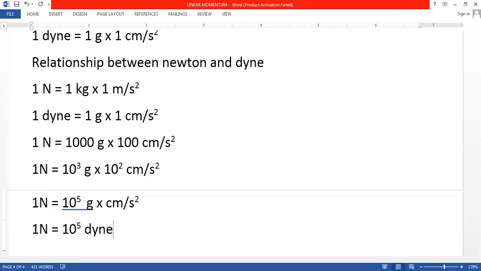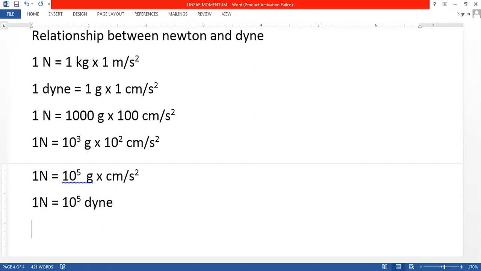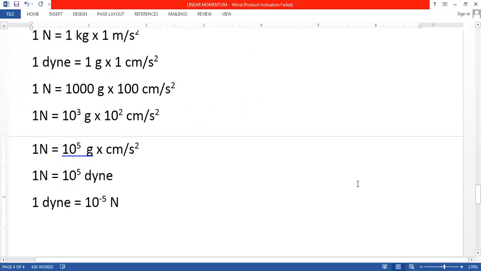1 Newton is equal to 10 raised to 5 dyne, and the reverse of it, 1 dyne is equal to 10 raised to minus 5 Newton. How much is 1 dyne? 1 dyne is 10 raised to minus 5 Newton. Please write down both the things.